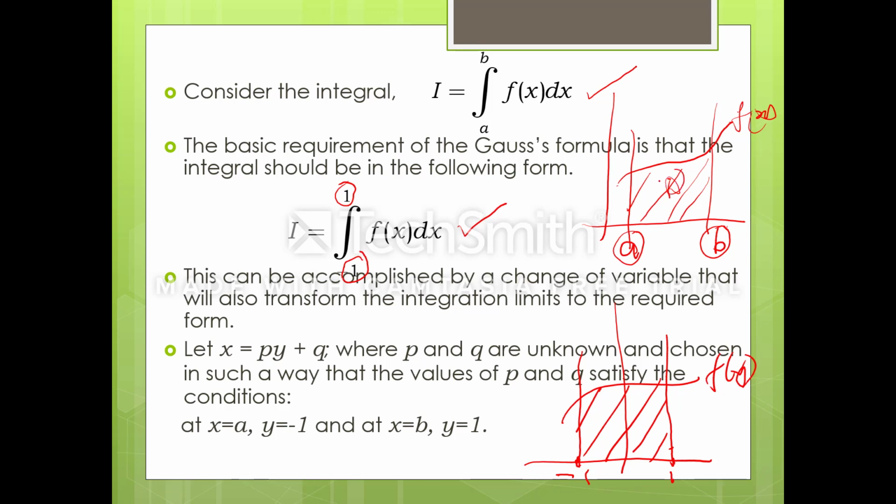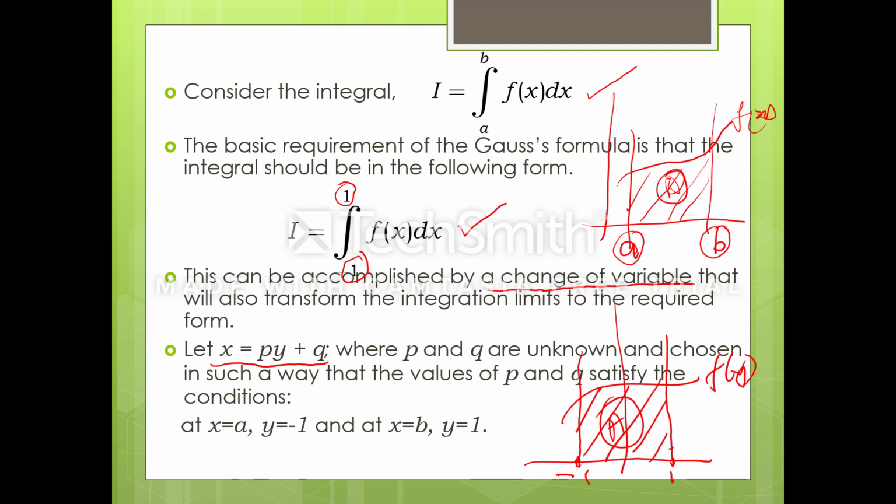This same area we will be getting from here also, but the function is modified appropriately. So a change of variable is to be effected here. In order to change the variable, we have to make a suitable approximation.